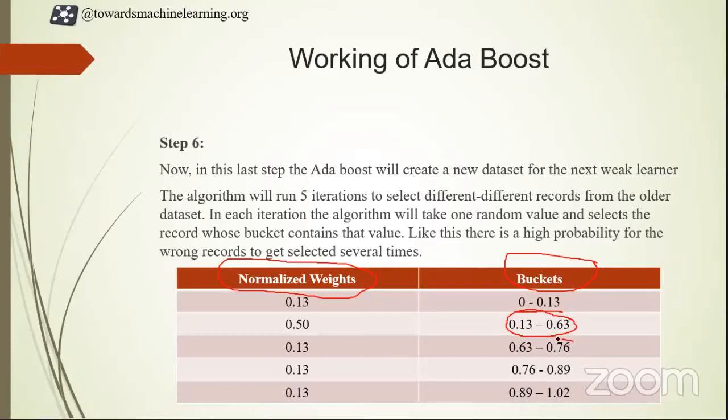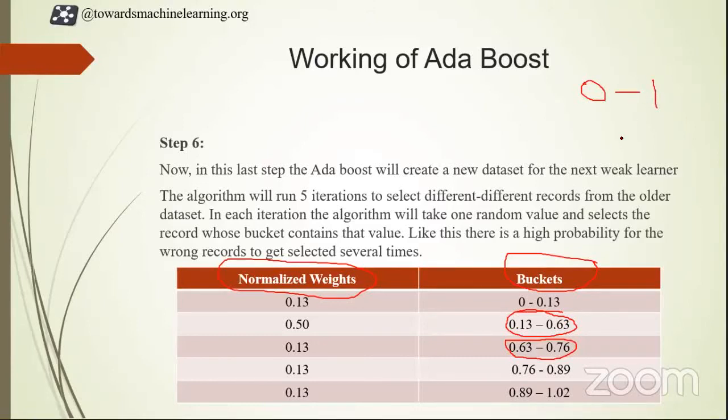Then again 0.63 plus 0.13 is 0.76. So 0.63 to 0.76 is in the bucket of the third record. Now Adaboost will run 5 iterations to select the different records. Each time it will generate one random value between 0 and 1.